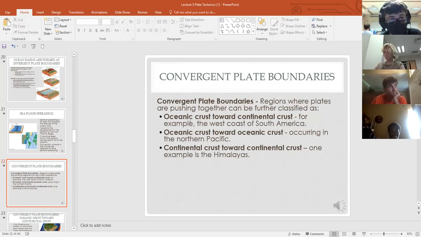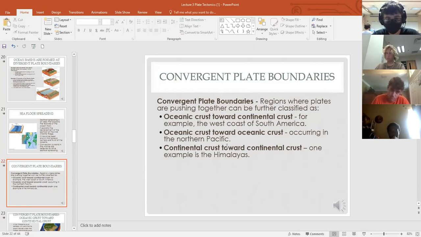So you can have oceanic crust hitting continental crust. In this case, the oceanic crust is generally the one subducting because it's thinner and denser, and the overriding plate would normally be continental.